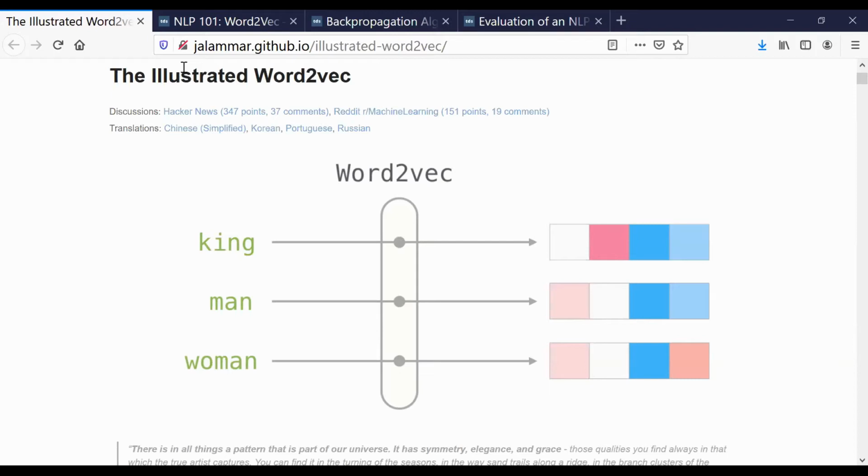I like the concept called queen. The concept of queen is like king, but woman. So if you take king minus the man part, add the woman part, it should be the queen.